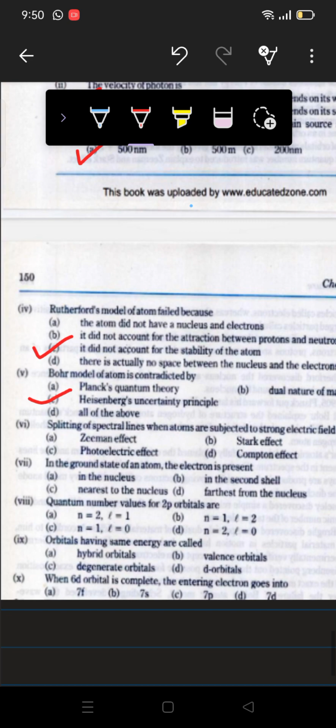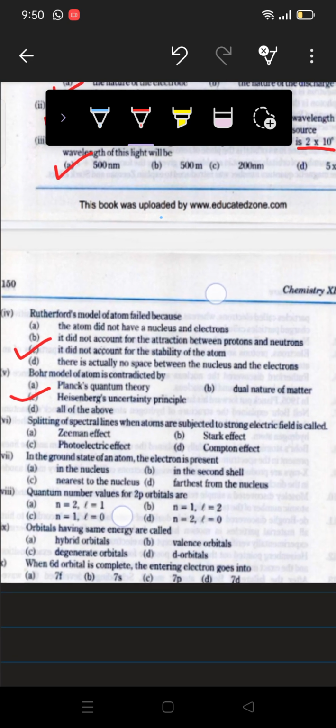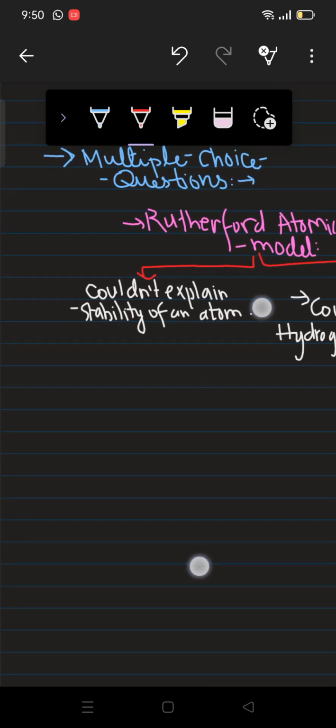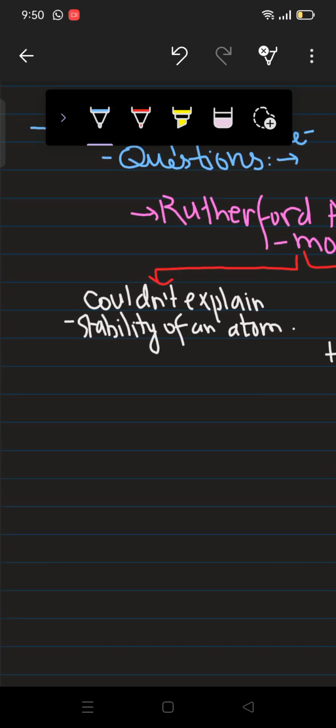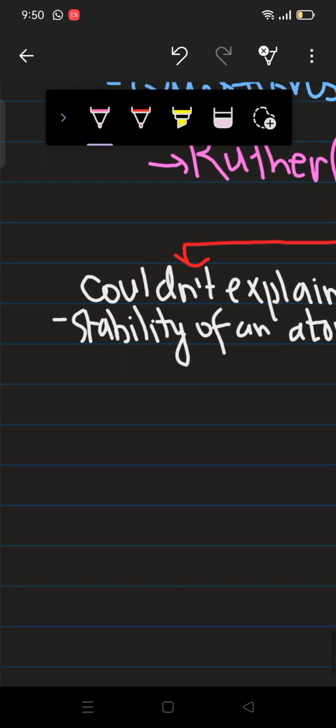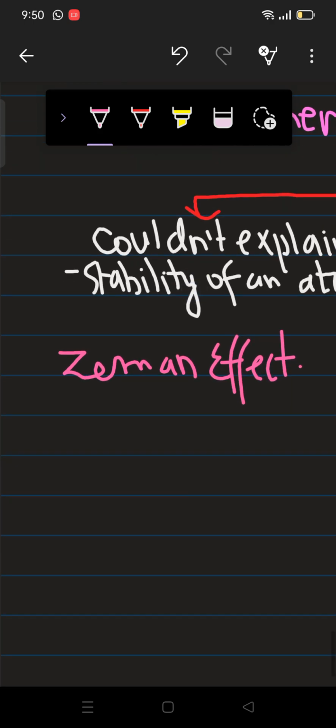Now, splitting of spectral lines when atoms are subjected to strong electric field. We have discussed this in very detail as well. We discussed about Zeeman effect and Stark effect. Initially, we discussed about Zeeman effect. What was Zeeman effect?